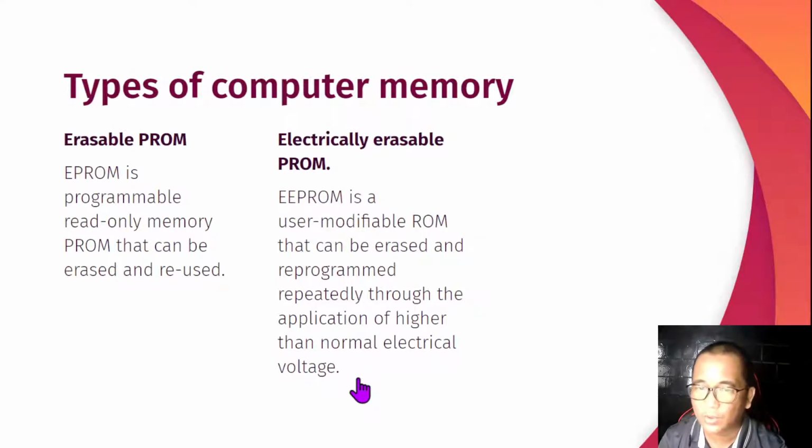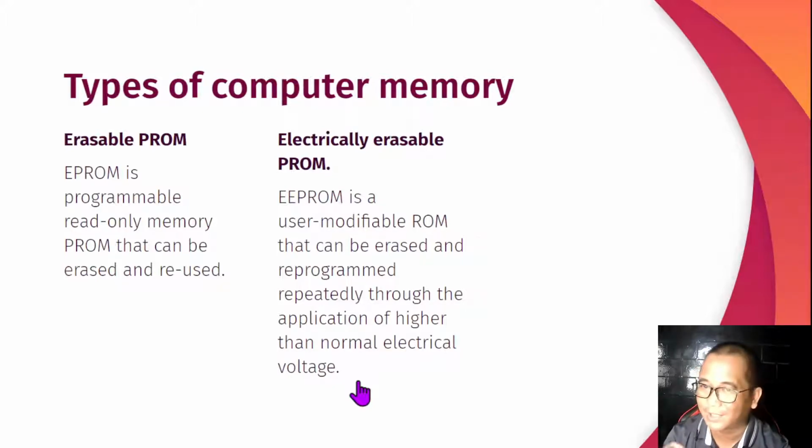Okay, so yung isa kanina, yung EPROM, itong sa una, sa pagtawag natin, kung gusto mo siyang i-reprogram, i-erase, so erasure is caused by shining an intense ultraviolet light through a window designed into a memory chip. Okay, so kailangan ba siyang tanggalin sa parts ng computer at may device para siya pwedeng i-reprogram by ultraviolet light.